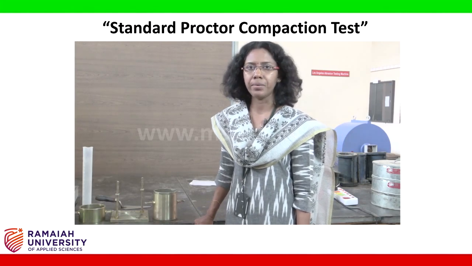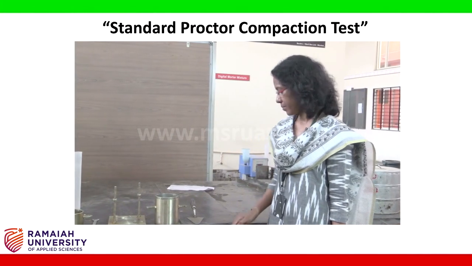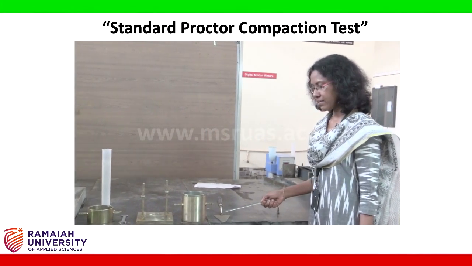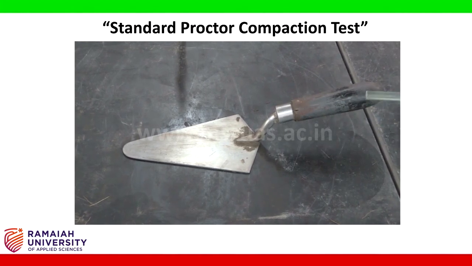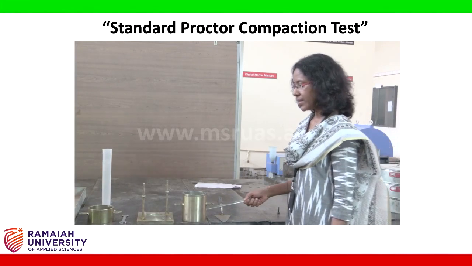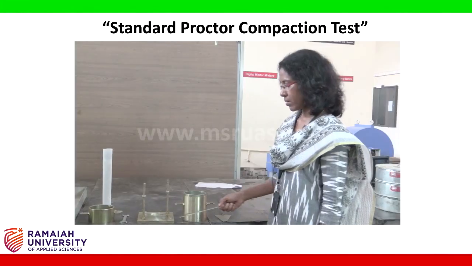The apparatus required for this experiment are a trowel, which is used to level the soil sample once it is filled in the cylindrical mold. A cylindrical mold: this is the standard cylindrical mold for a light compaction test whose diameter is 100 mm and the height is 127.3 mm.